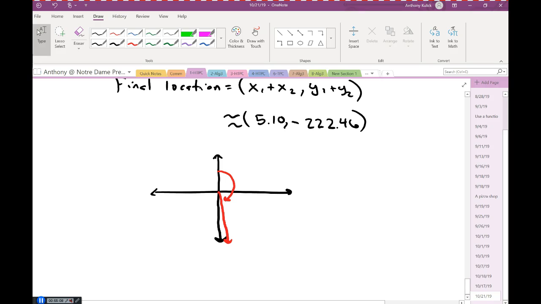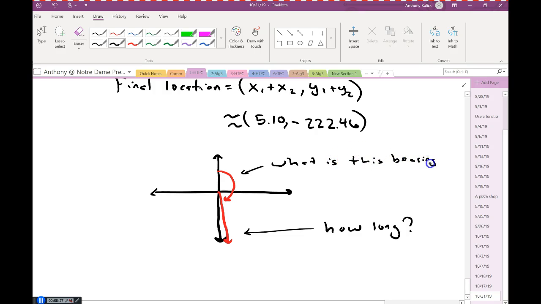So I need to do two things to finish this off. I need to know how long is that arrow, and I need to know what is this bearing. So we figured out where the boat is going to be at the end of this trip.